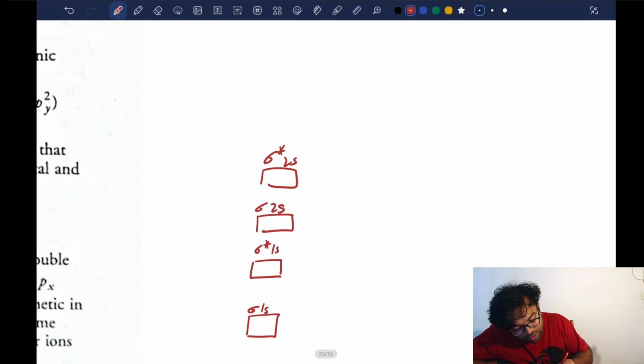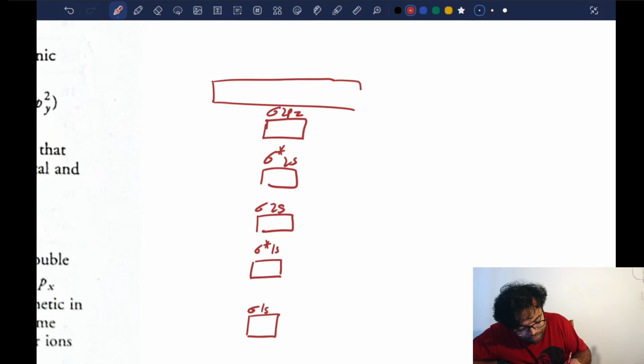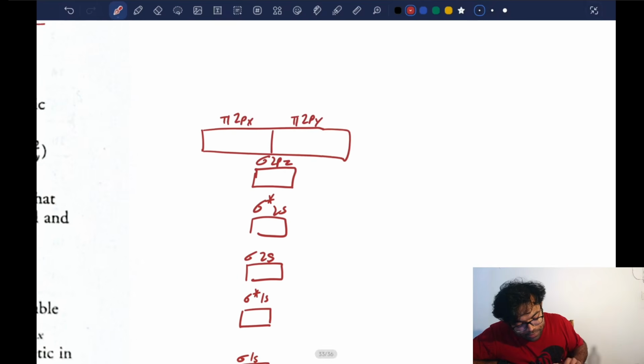Then you have the sigma 2pz because it's oxygen. Then the pi 2px, pi 2py.